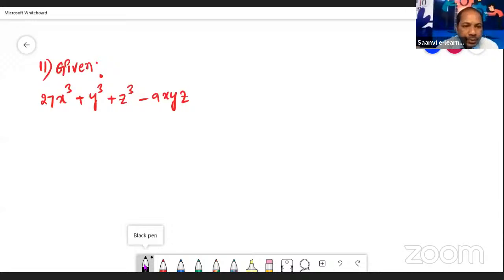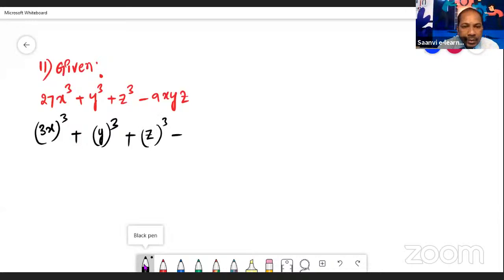Okay. So this 27x cube we write as 3x whole cube in the form of a cube. It means this 27x cube plus y cube plus z cube, we have to convert them in the form of a cube plus b cube plus c cube, right? So 27x cube we write as 3x whole cube plus y cube means y whole cube we can write plus z cube means z whole cube we can write.